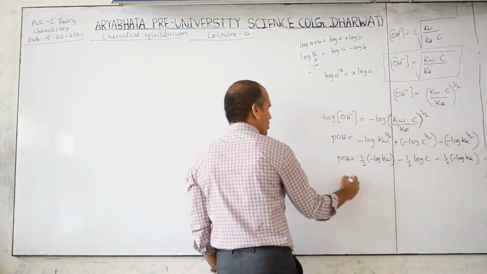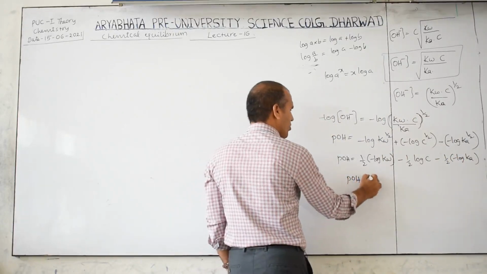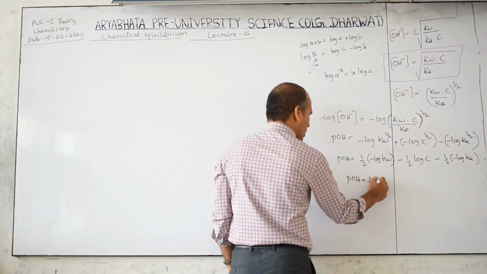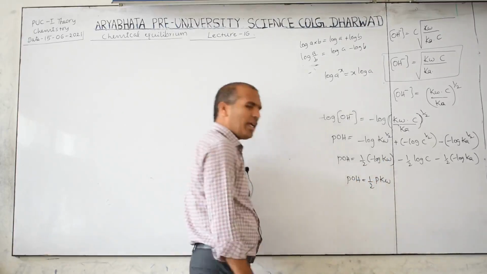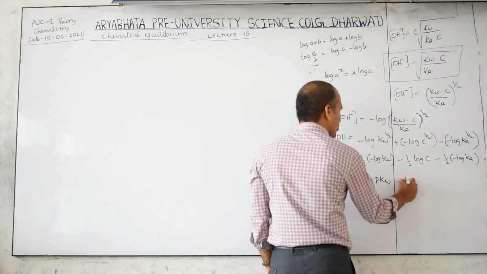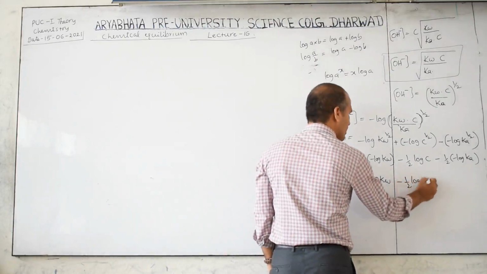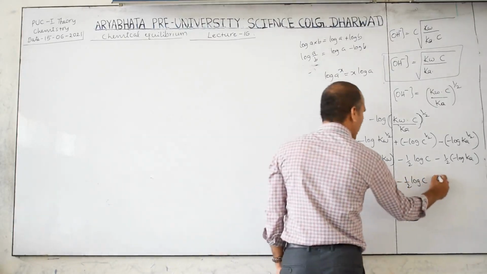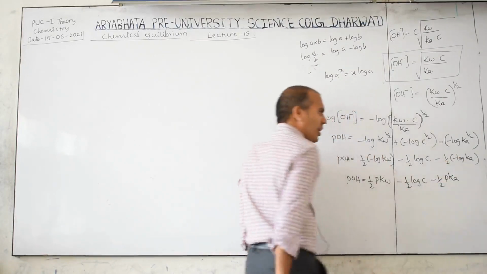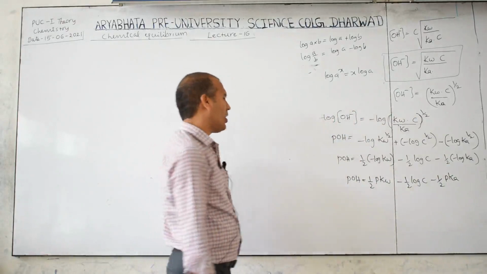Now you know that pOH is half of pKw, because negative logarithm of Kw is known as pKw. Now minus 1 by 2 log C, and negative logarithm of Ka is known as pKa.